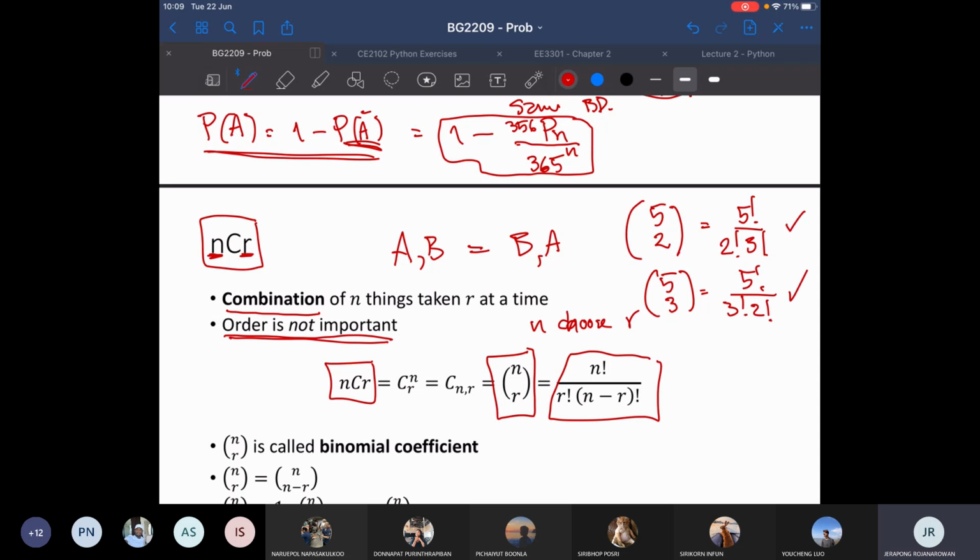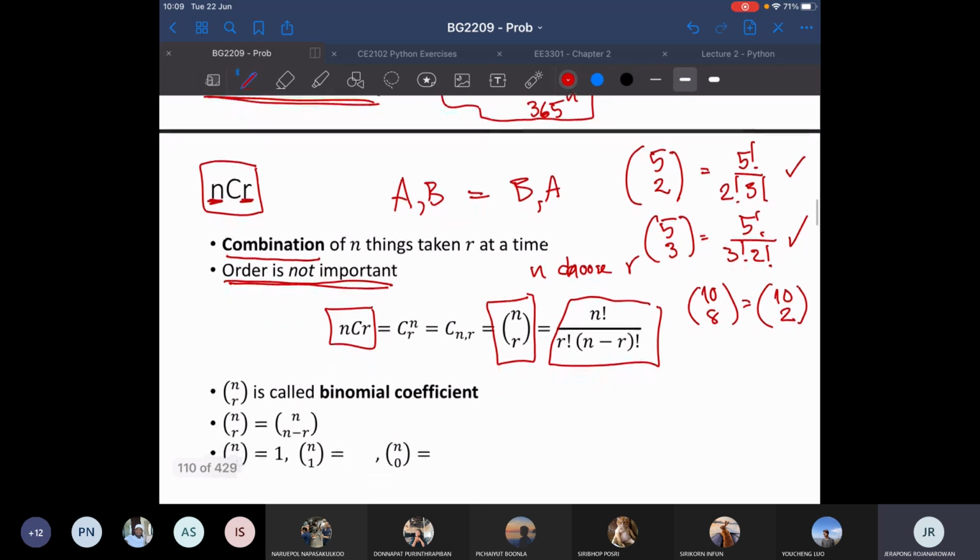You can see that they are the same: 5 choose 2 equals 5 choose 3. Therefore 10 choose 8 will be equal to 10 choose what? 2. So 10 choose 8 and 10 choose 2 are equal, and 10 choose 7 and 10 choose 3 are also equal.